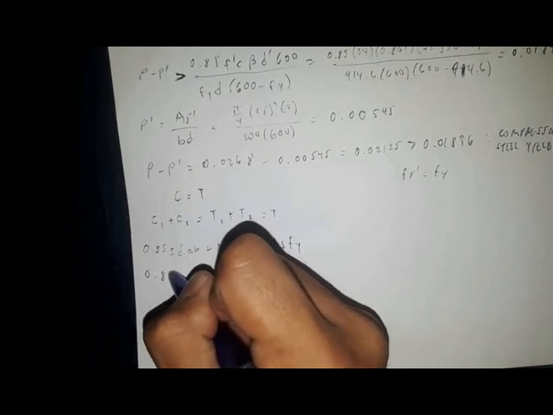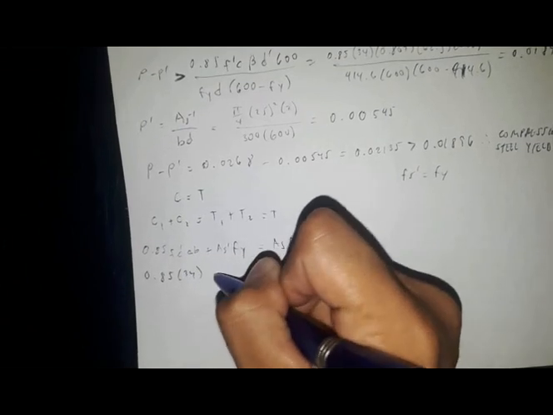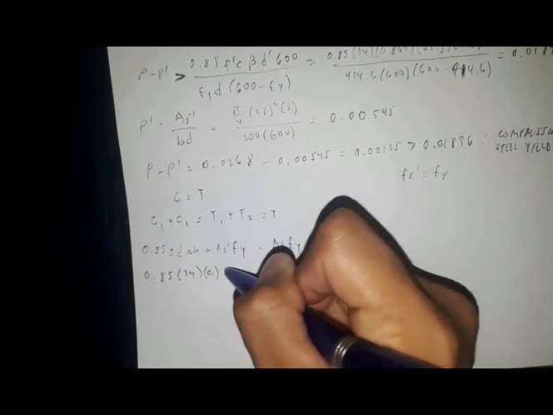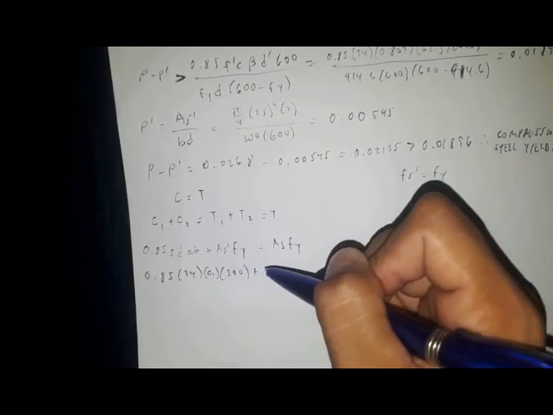0.85 times 34 times A times B of 300 plus AS prime. So, ano ba yung AS prime natin?